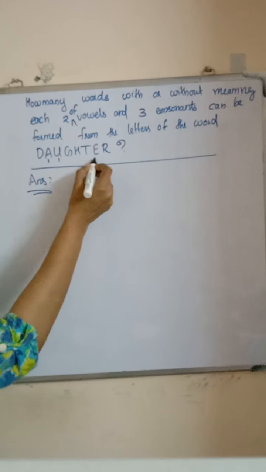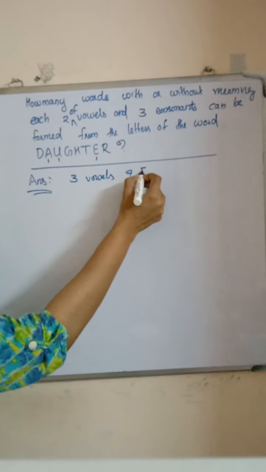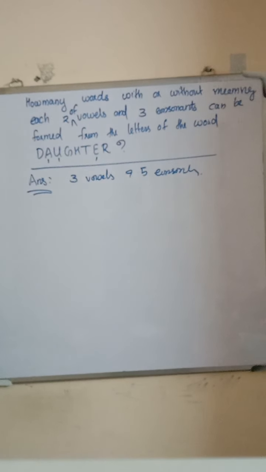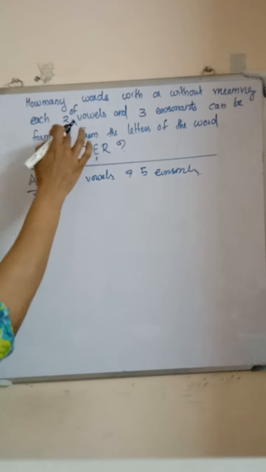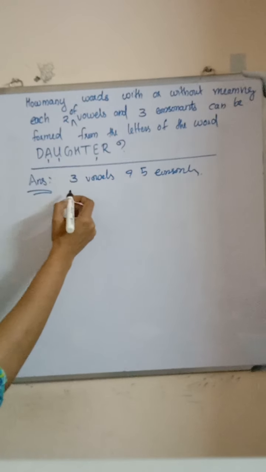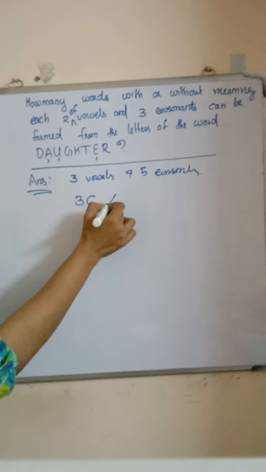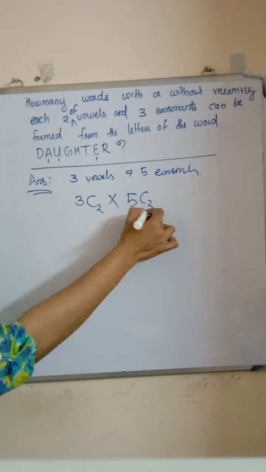We form a 5-letter word with 2 vowels and 3 consonants: 2 vowels from 3 vowels in 3C2 ways and 3 consonants from 5 consonants in 5C3 ways.